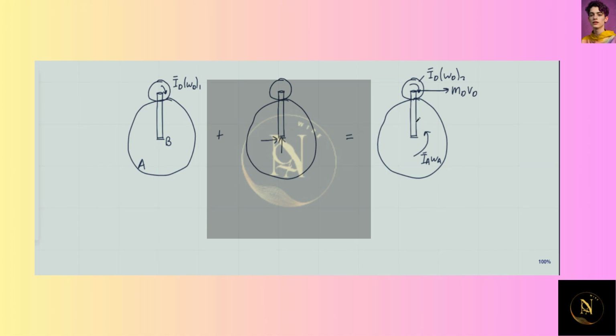And the final state is one in which disk D rotates with angular momentum Id omega d subscript 2. It also has straight line momentum md vd. Disk A rotates with angular momentum Ia omega a.